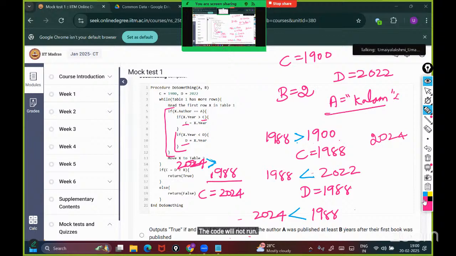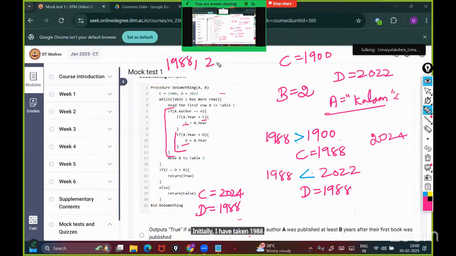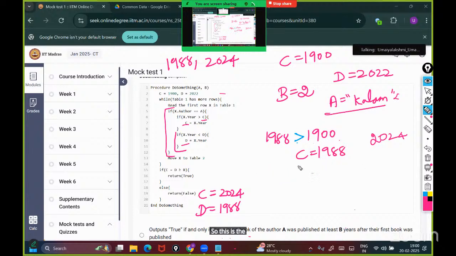Are we changing the D value now? No. So this is 1988. So this is what we have checked. Initially I have taken 1988, then I have taken the 2024 card. So this is the updated C value.